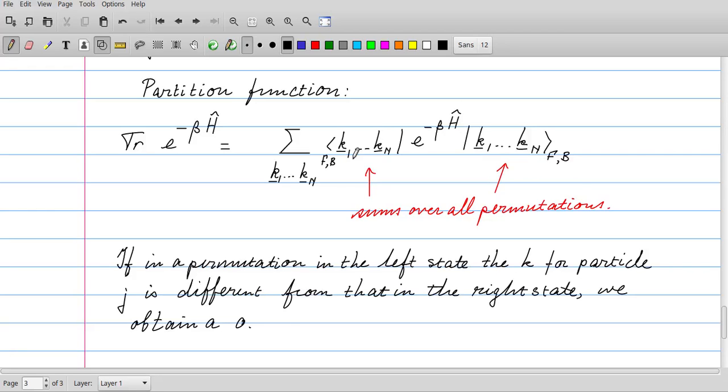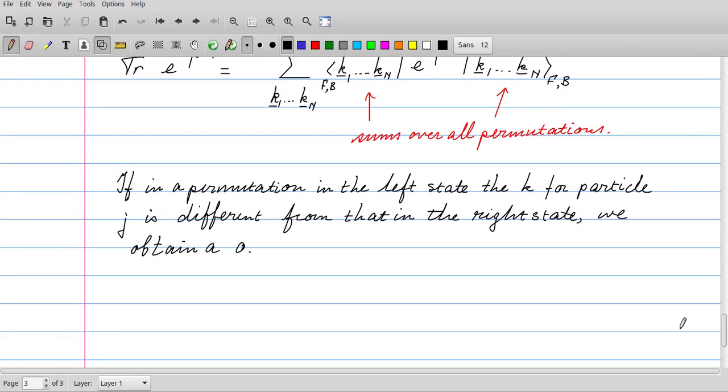So the only way to get a non-zero result is when the k's in this permutation on the left hand side occur in exactly the same order as they occur in the right hand side. As soon as two k's are swapped on the left hand side with respect to the right hand side, then the result is 0, and that follows from the fact that the Hamiltonian is completely diagonal in the k basis, and so the k should be the same on the left and right hand side.